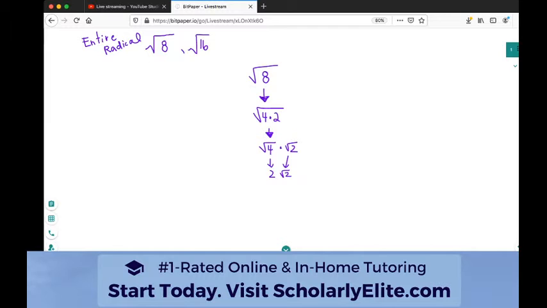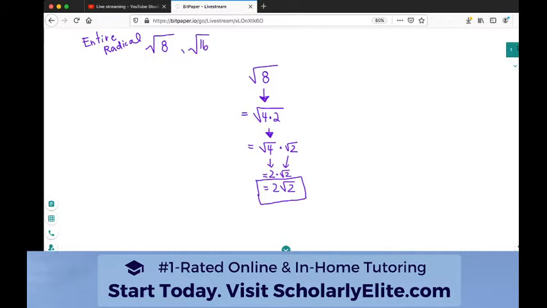Just like with any multiplication, we are able to keep these together, and the most simplified version would be to leave it like this. And as you guys know, I'm notorious for forgetting to put my equal signs in, so I'll do that now. And this is my final answer here. 2 root 2 is my final answer.